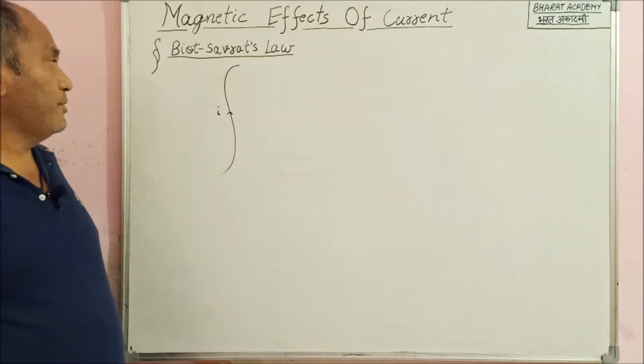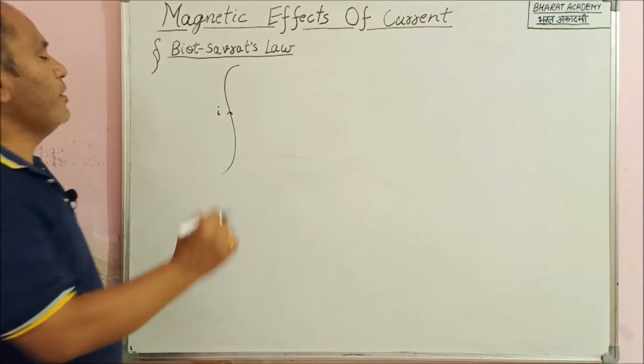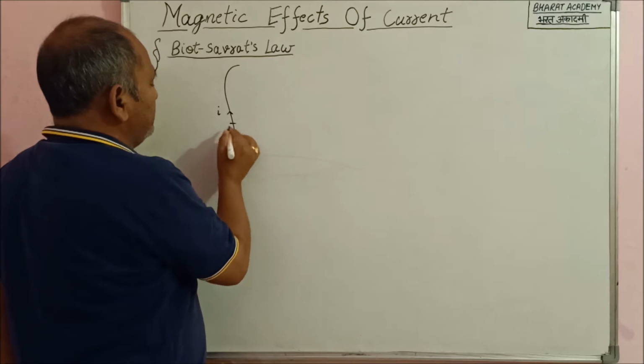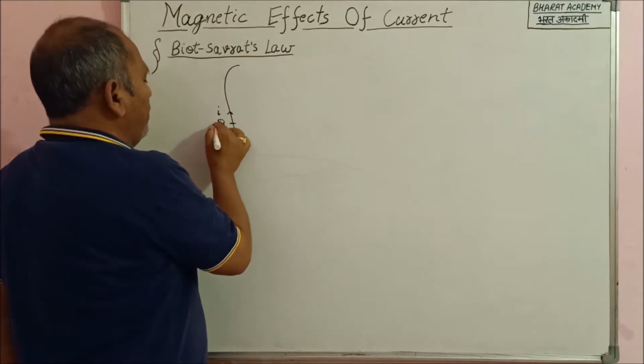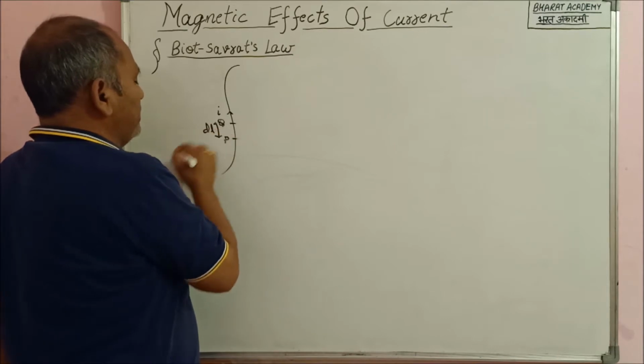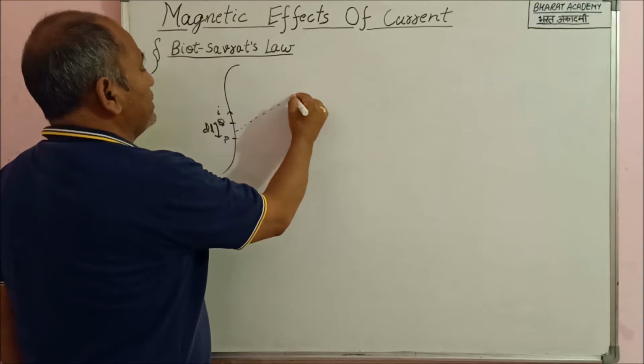In order to find out the magnetic field produced by a small segment of a current carrying wire, let it be PQ of length dl, right, at a point at a distance r from it.